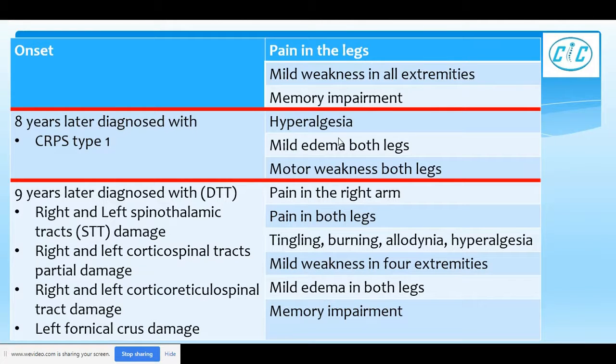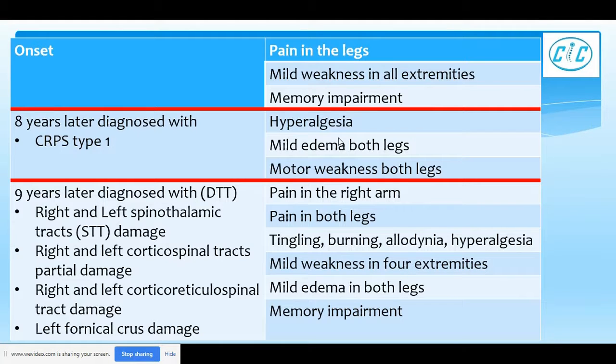But an acute case of peripheral damage should not cause memory impairment. Usually, memory impairment with peripheral issues comes later, taking months or years after the injury, if the pain persists for that long.